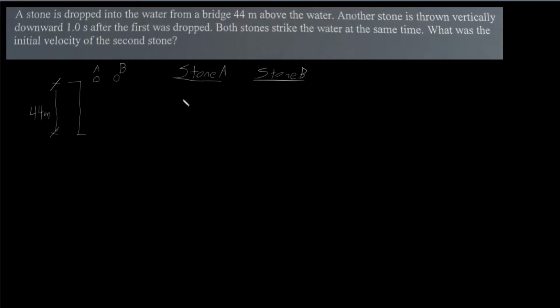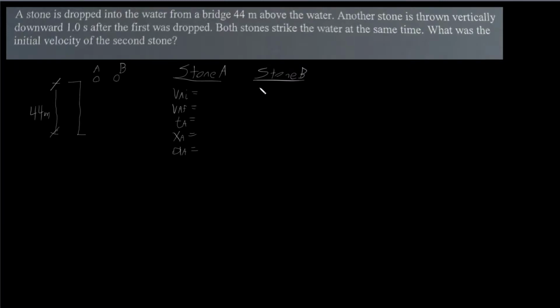Okay, so there will be an initial velocity for stone A. There will be a final velocity for stone A. There will be an amount of time that it takes stone A to reach the bottom. There will be the distance that stone A travels, and stone A will have a certain acceleration as it falls down.